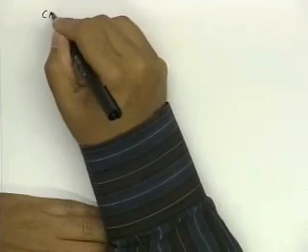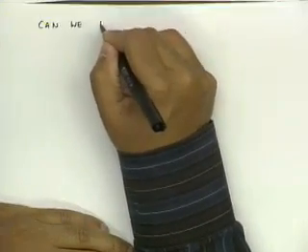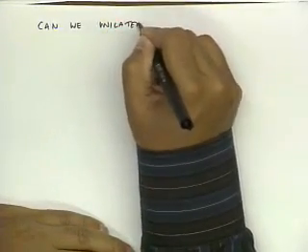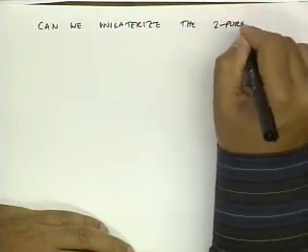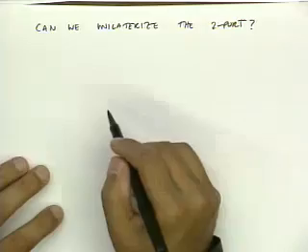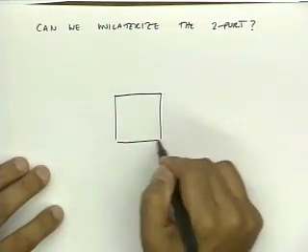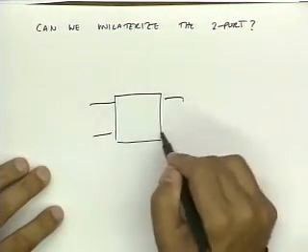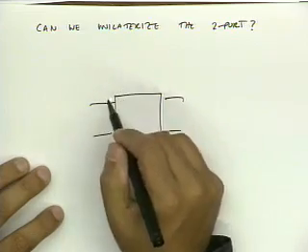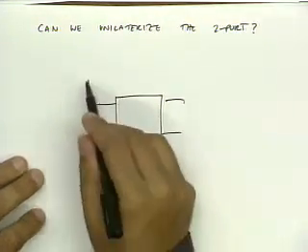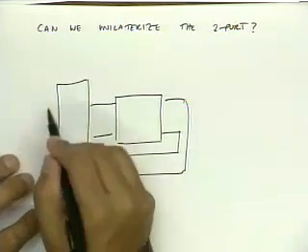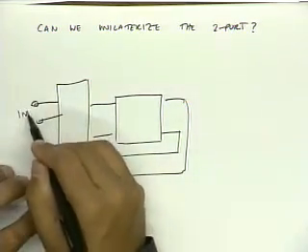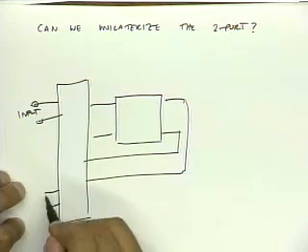the idea is, can we unilateralize the 2-port? That means that in addition, let me draw it like this. So this is my input, this is my output.